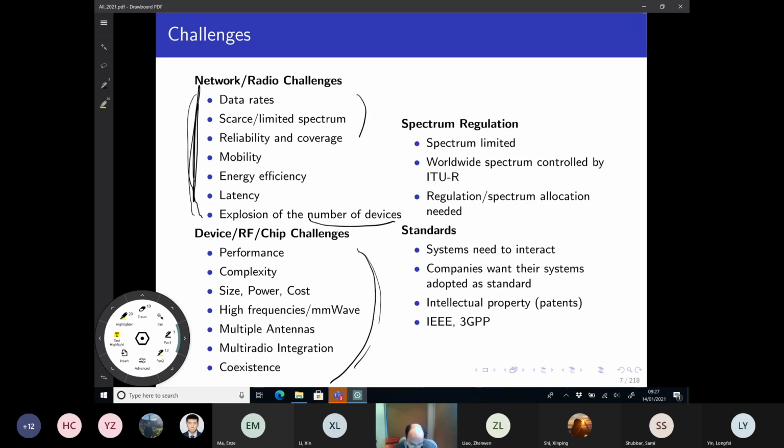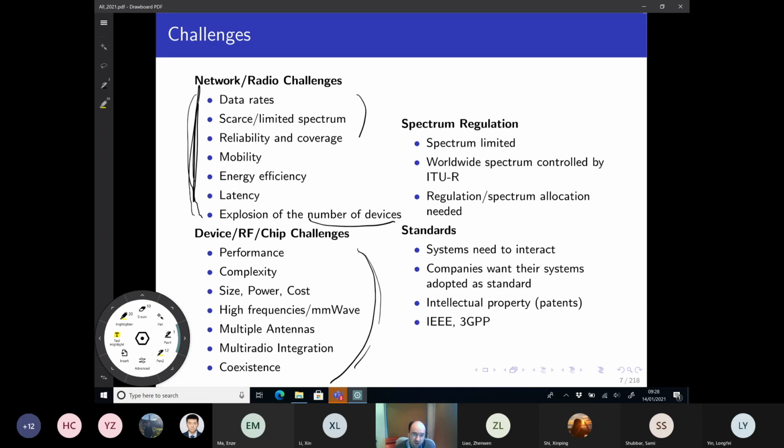So you have a lot of issues to tackle in terms of performance, complexity, size, power, and cost of all those chips. Increasingly, when you go to higher frequencies, so now in 5G you go into millimeter wave, you need to also design the RF, the radio frequency chains, to cope with those high frequencies.